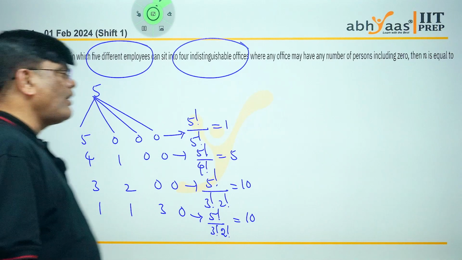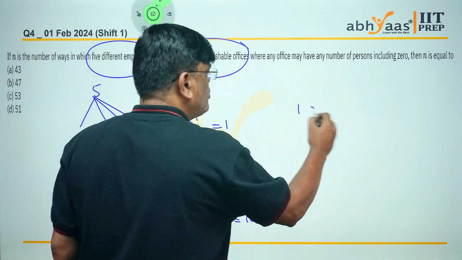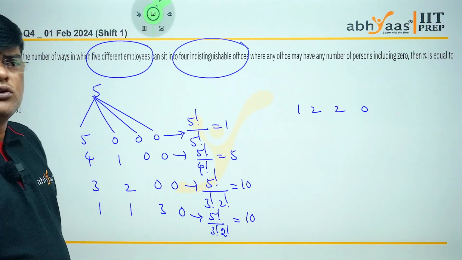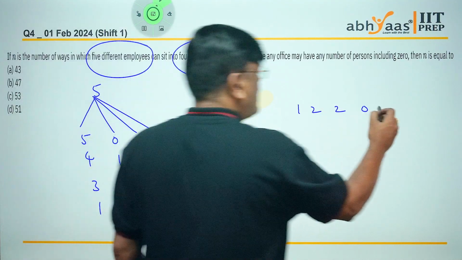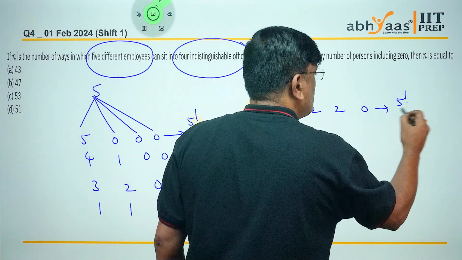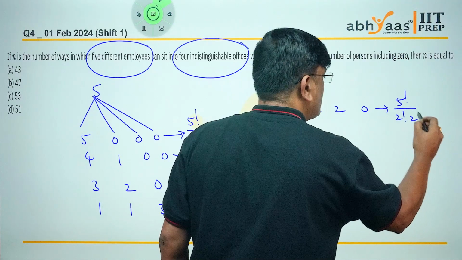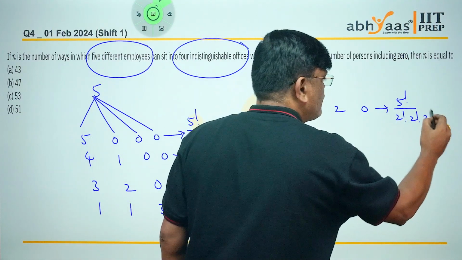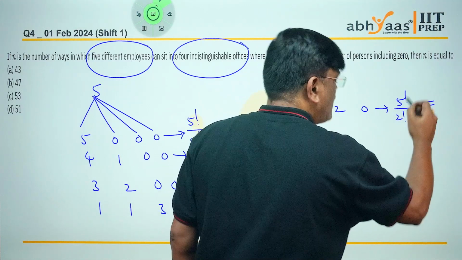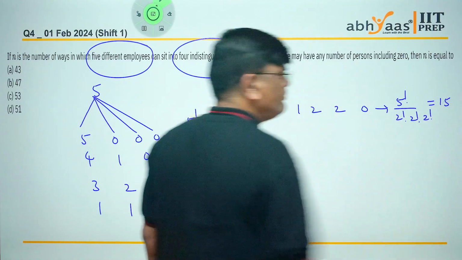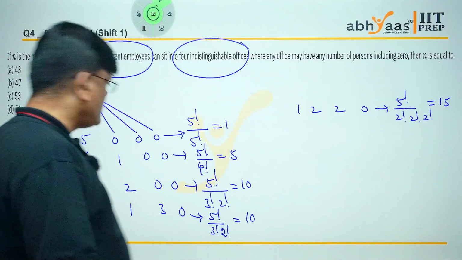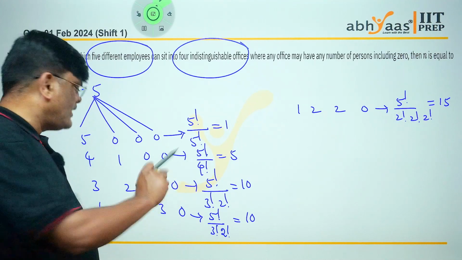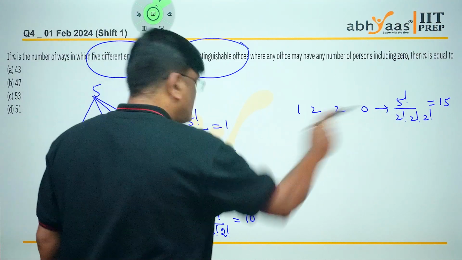Next, now I am taking 1, 2, 2, 0. Here the ways will be 5 factorial by 2 factorial into 2 factorial, and here also the two groups are repeated twice, so by 2 factorial. Here it is 120 by 8, which means 15. Is there any other way? No. So this is for keeping one office with 0 employees.